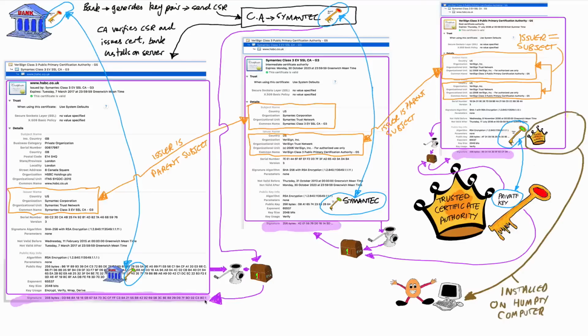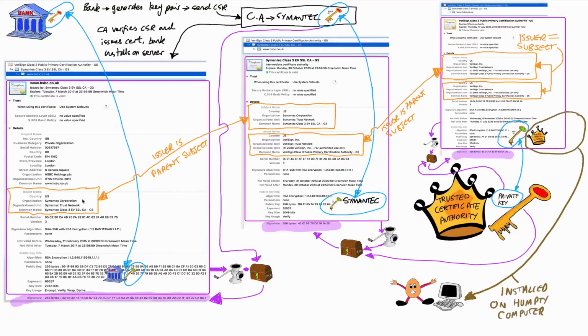Take the signature, and I am going to look in the certificate at who is the issuer of the certificate. So the browser is going to say, okay, this certificate is issued by common name Symantec Class 3 EV SSL CA-G3. Quite a mouthful. So what it's saying is, I'm being told that these guys signed this certificate for HSBC.